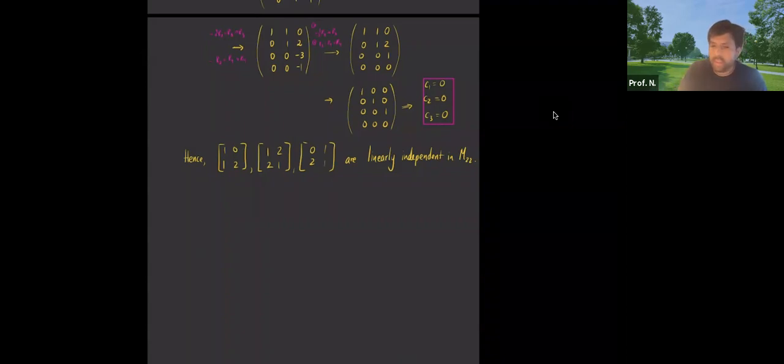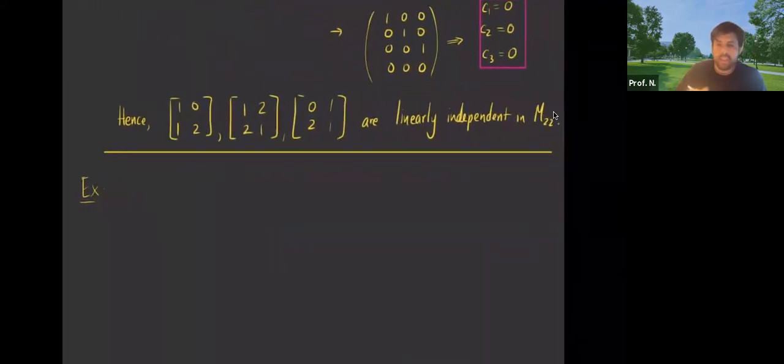So that's how we deal with these kinds of linear independence questions. If you start to notice, we're applying the same approach to determine whether vectors are linearly independent, and whether matrices are linearly independent.